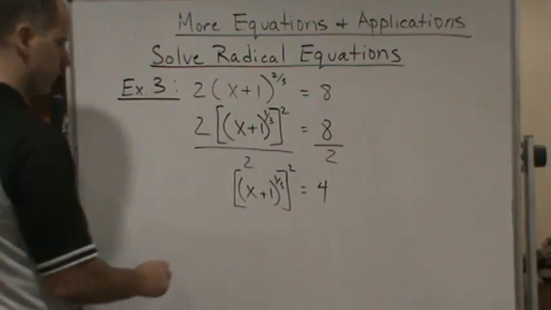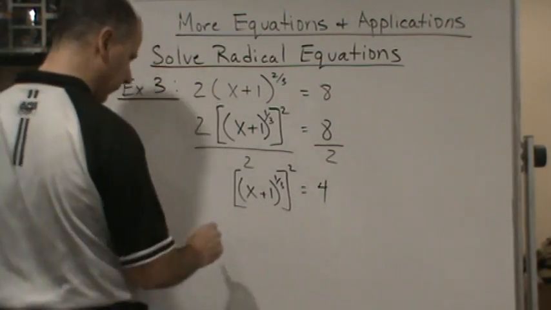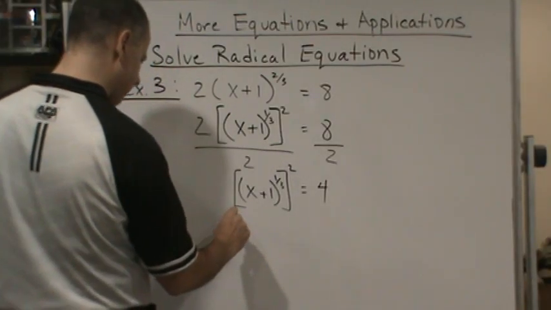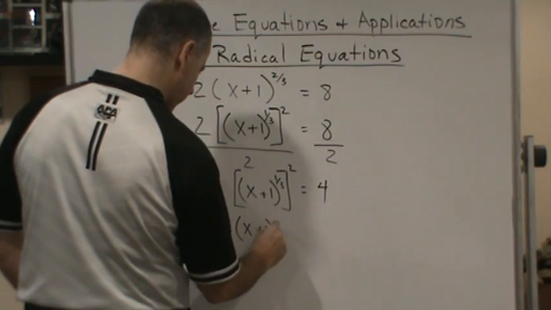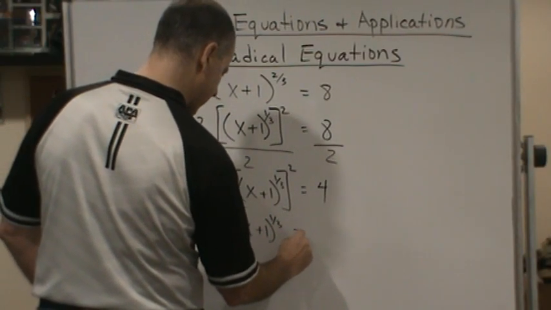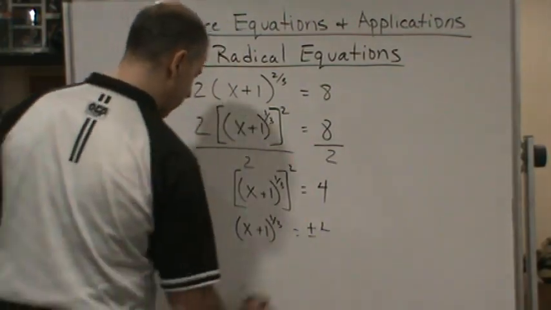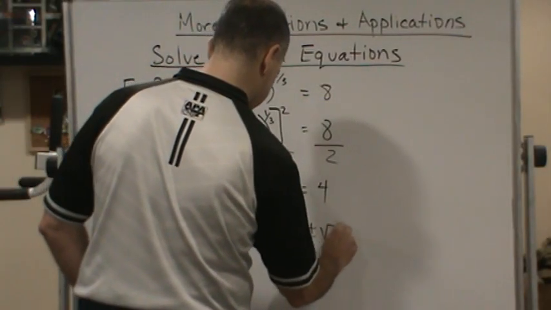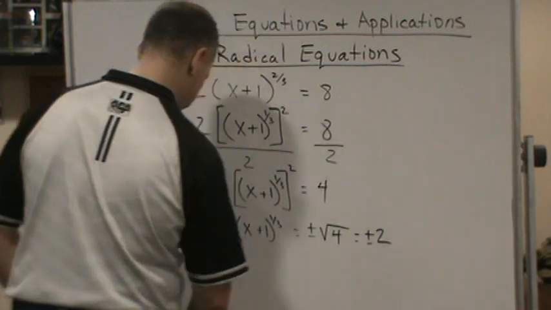So now what I can do is take the square root of both sides. If I take the square root of both sides, I get x plus 1 to the 1/3 power is equal to plus or minus the square root of 4, which is equal to plus or minus 2.